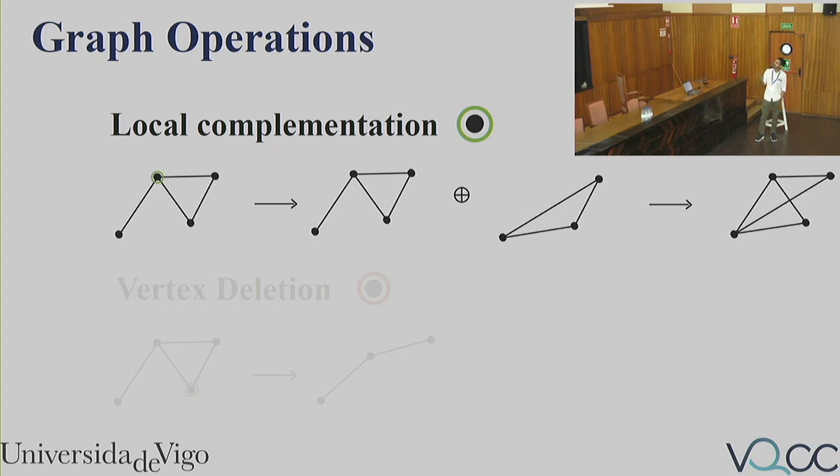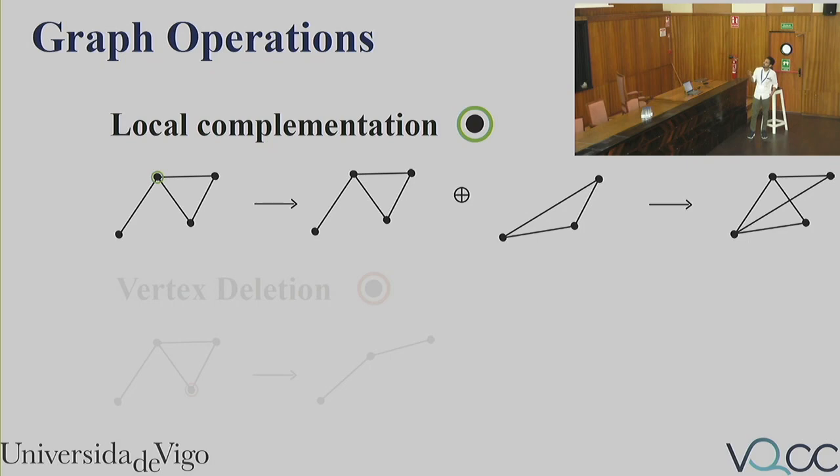So here we have an example of an LC operation. An LC operation applied on this vertex is actually a complementation of the neighborhood graph of this vertex. The neighborhood of a vertex is the set of vertices connected to that particular vertex. So in this case, the neighborhood is this vertex and this vertex.